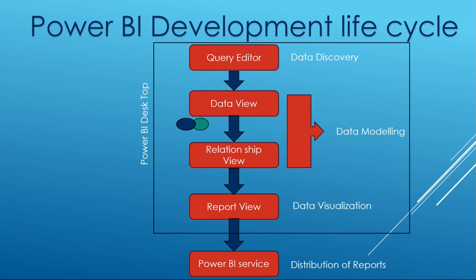The second stage is data modeling. In data modeling, we are going to create relationships between different types of tables, and establish the connection from one table to other tables.